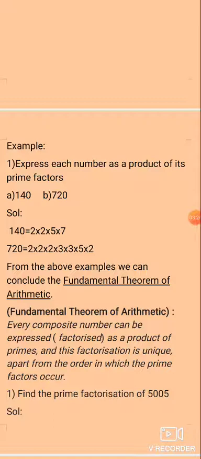That means when we write 140, the first one is 2 into 2 into 5 into 7. We can write 140 as 5 into 7 into 2 into 2, or 5 into 2 into 7 into 2 also. So listen carefully, the fundamental theorem of arithmetic: every composite number can be expressed or factorized as a product of primes, and this prime factorization is unique apart from its order.